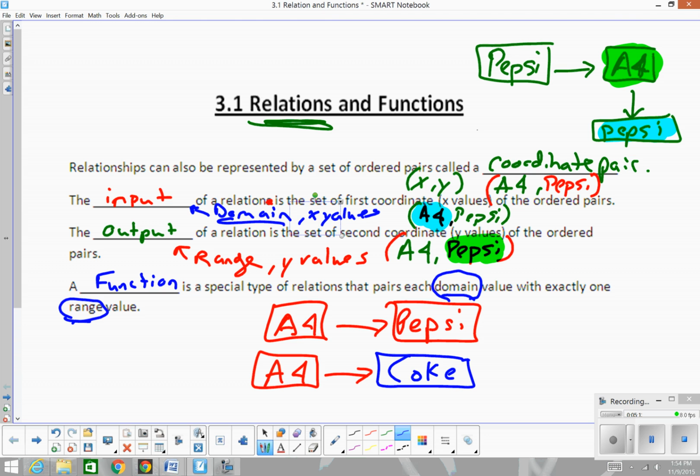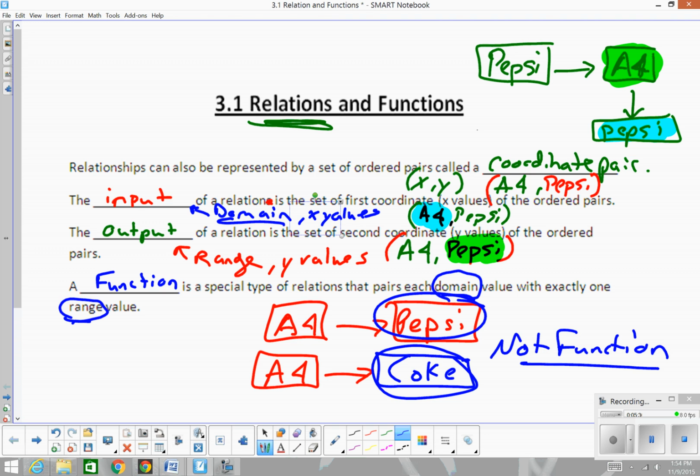So I plugged in the same input and the output was Pepsi the first time. I inputted the same input value and it output a Coke the next time. So it outputted two different things. That would not be a function. I'm going to get into that in a little while. So a function is if I hit A4 and every time it pops out a Pepsi. Something that's not a function is if one time I hit A4 and it pops out a Pepsi, and next time I hit A4 it pops out a Coke.